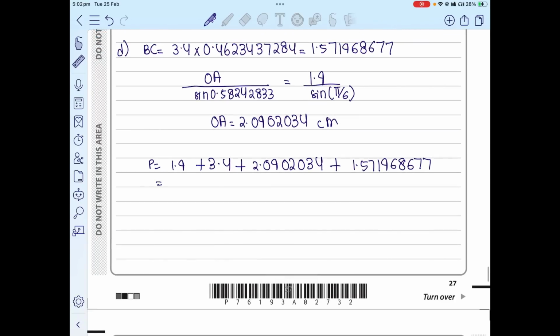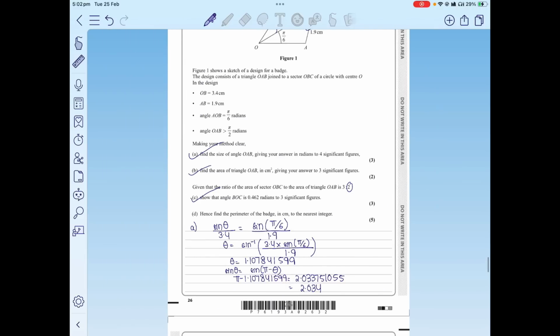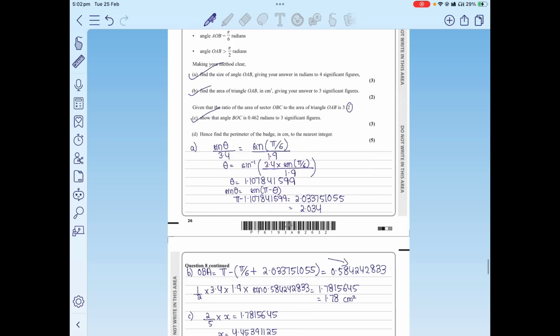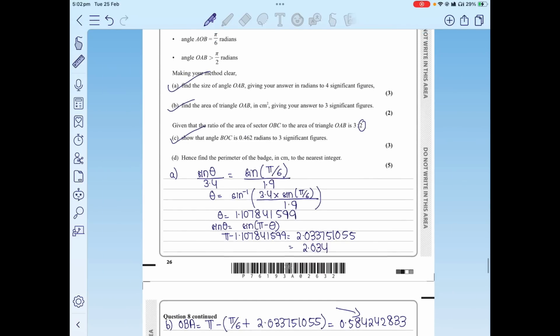So this is going to be 8.96 centimeters, and this is going to be 9 centimeters because they have asked to the nearest integer. So obviously this is going to be the correct answer. Remember, BC value, OC value, BA value, and OA value, add them together, you get the perimeter.